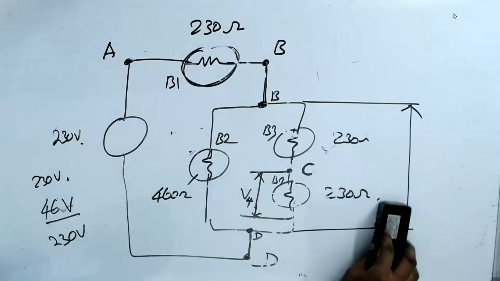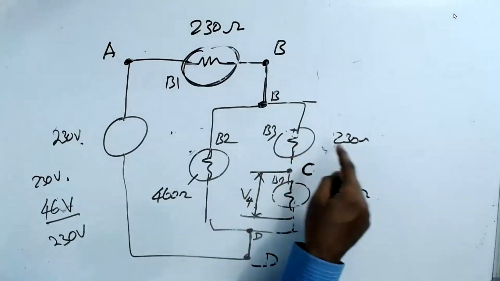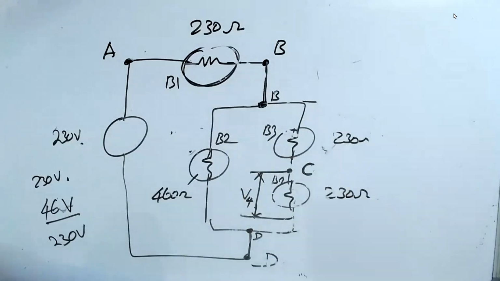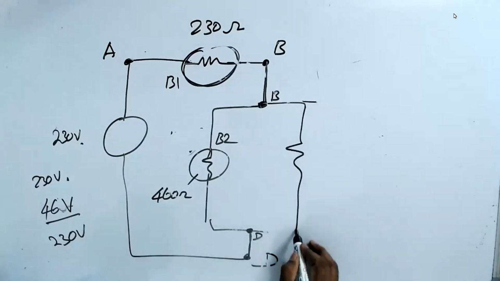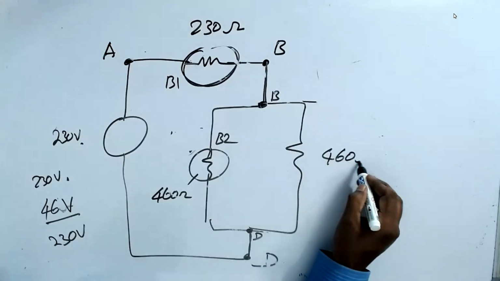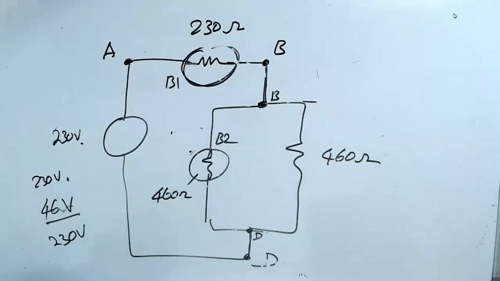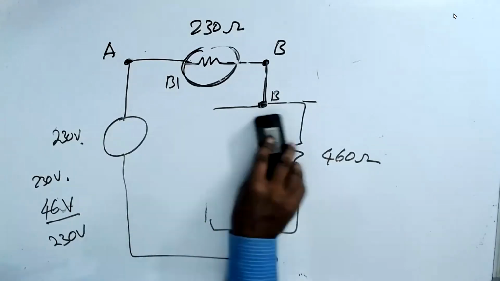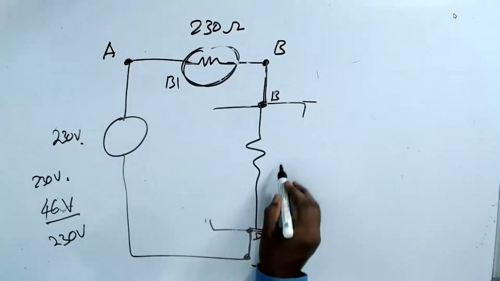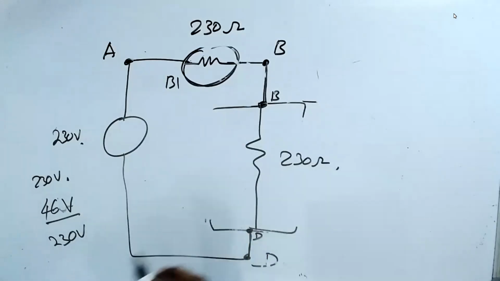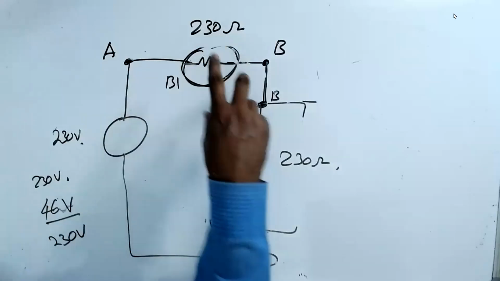Now I reduce this circuit. This one is 230 plus 230, how much? 460. So this becomes 460. 460 plus 460 in parallel then becomes a single resistor of 230 ohm. Now what happened? 230 volts is divided by 230 ohm plus 230 ohm.